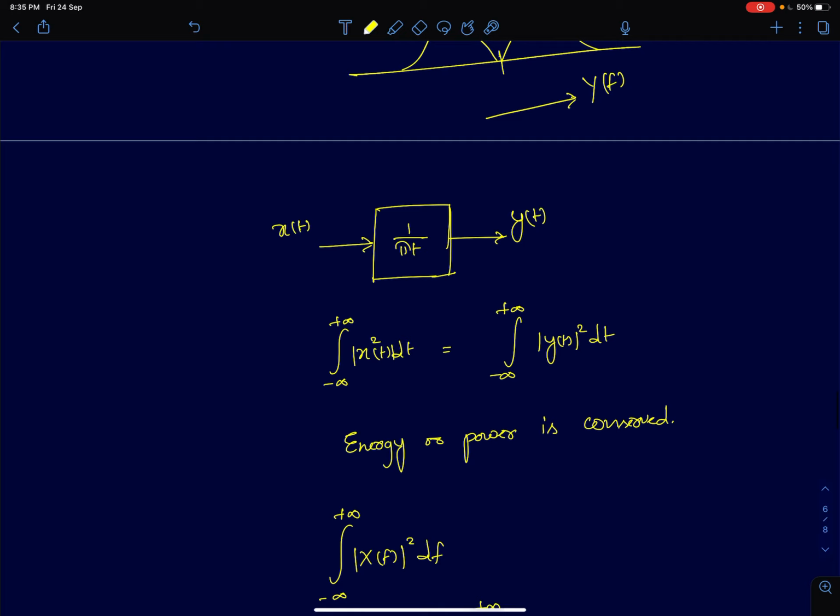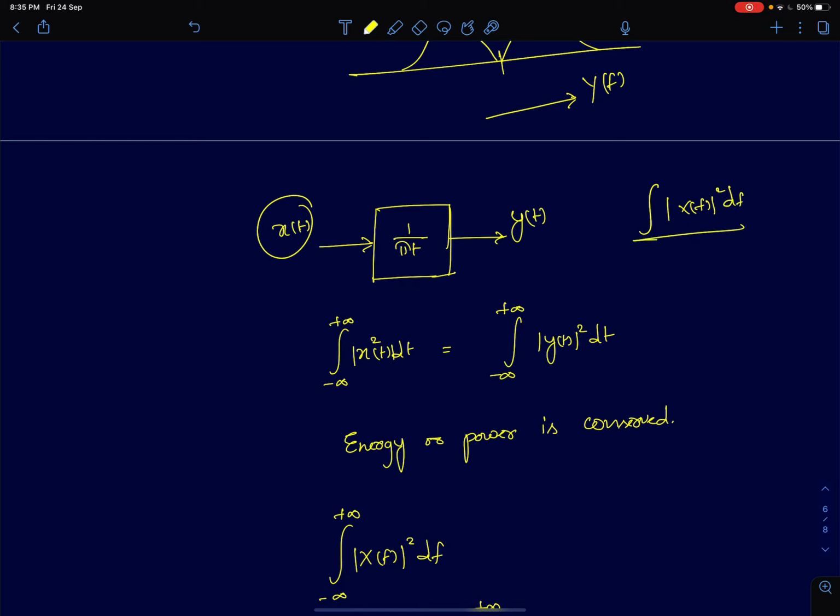The next property is, what about the energy at the output? What will be the energy or power of y of t at the output of this Hilbert filter? How does it affect it? Intuitively, from Parseval's theorem, we can directly see that energy is simply given by the integral of mod of x of f the whole square df.